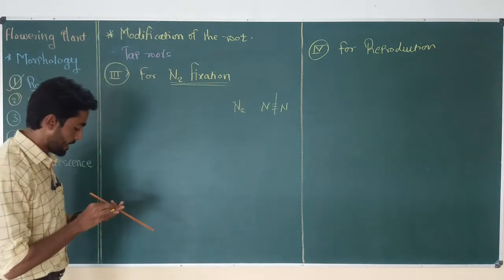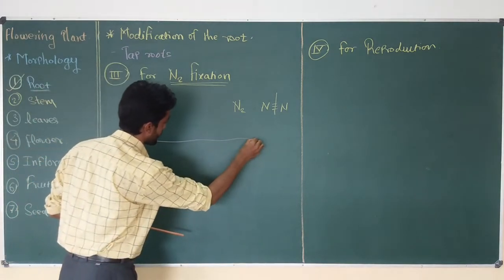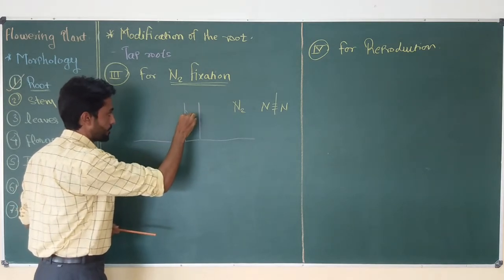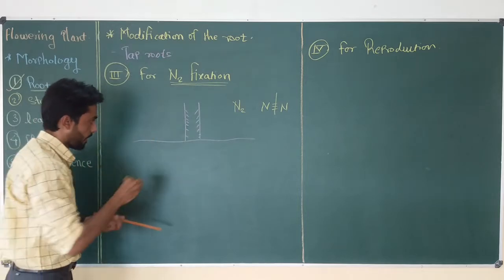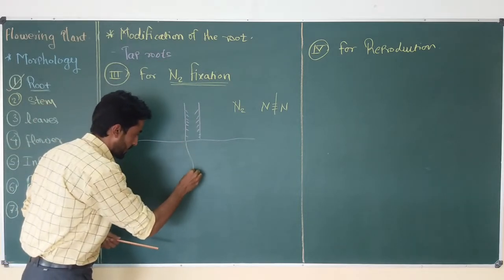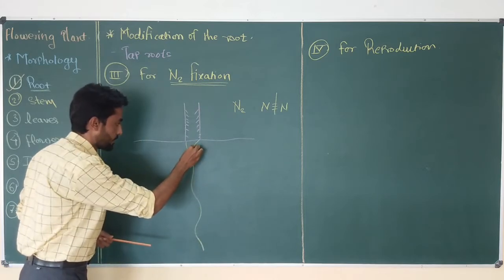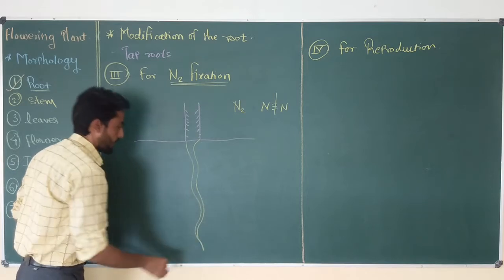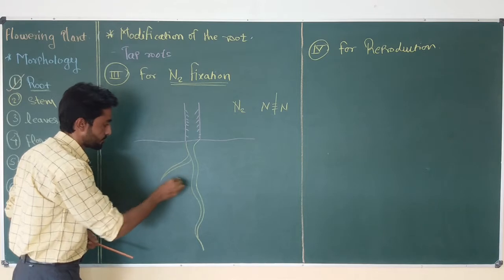So we know that in the case of the taproot system, if this is the soil surface and the plant stem, the taproot system has one main, longest and thickest branch of the root. It is called the primary root, and the primary root shows secondary roots.